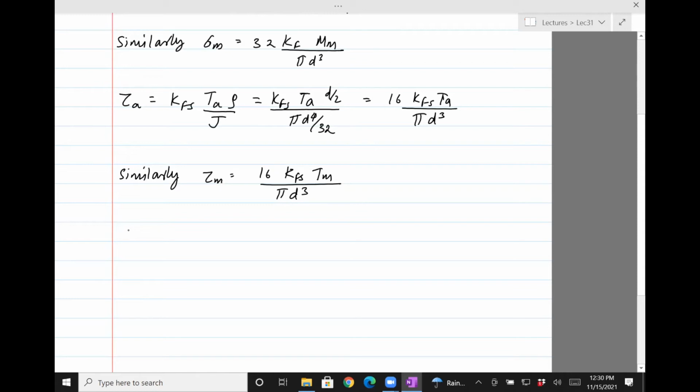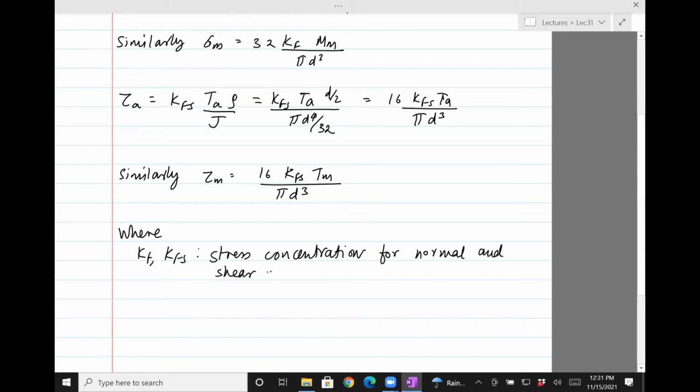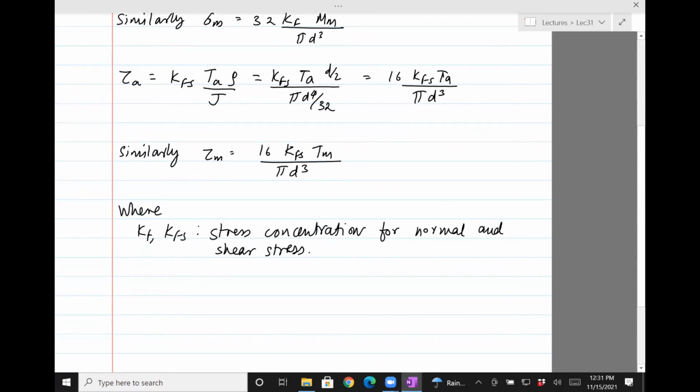Okay, so now let me write down the notation. Kf and Kfs are stress concentrations for normal and shear stress. They come from the figures which I'll be giving you, or they're in the appendix.